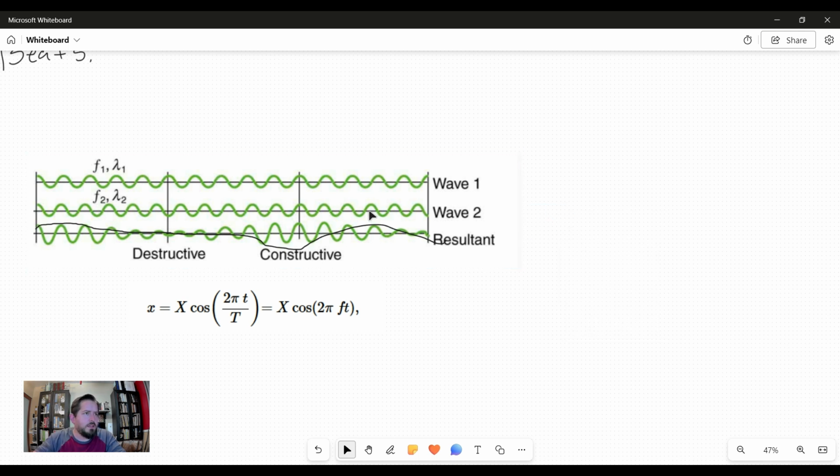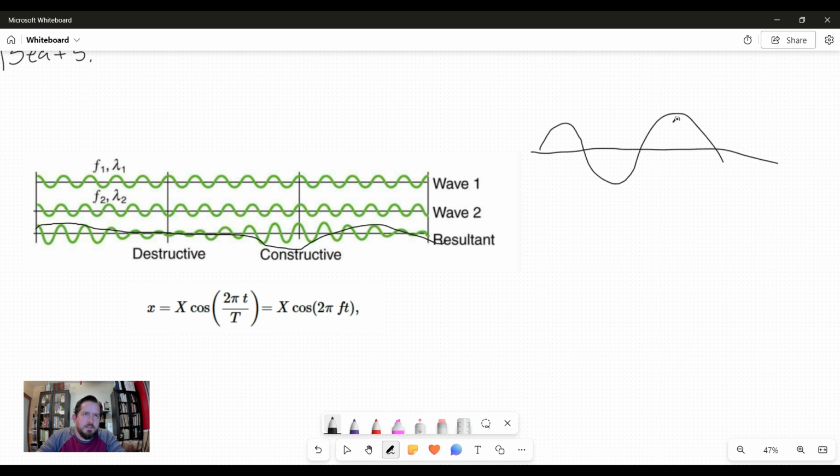If I have a wave, it looks like this. It'll have some baseline, and then the distance off of this is the amplitude, and that's given by a capital X. It's important because sometimes you'll see a lowercase x in this value. That lowercase x is where this thing is in relation to time.